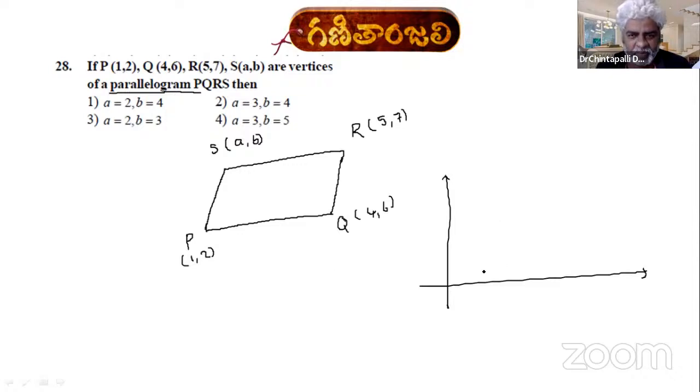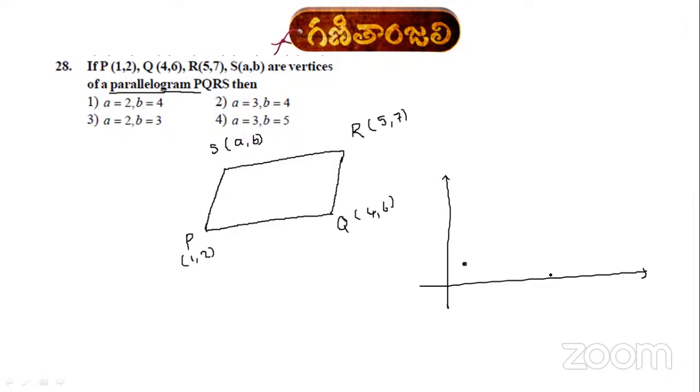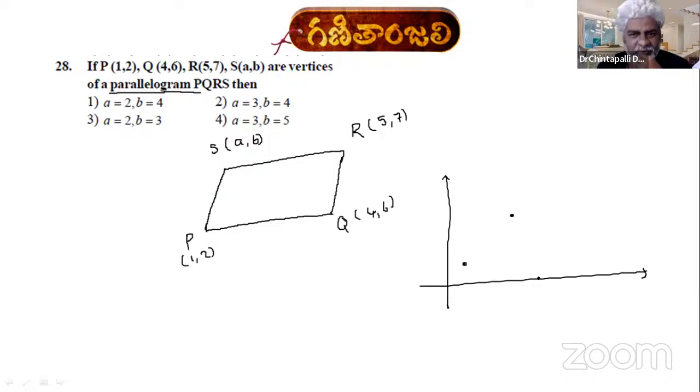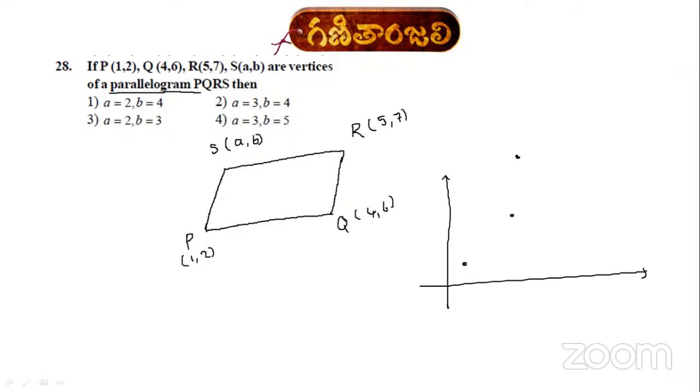Maybe 1, 2 is here, like this. Then 4, 6, 1. And then 5, 7. Right next to 4 comes 5, and next to point 5 is 7, and like this. So isn't it 4, 6, and 5, 7?